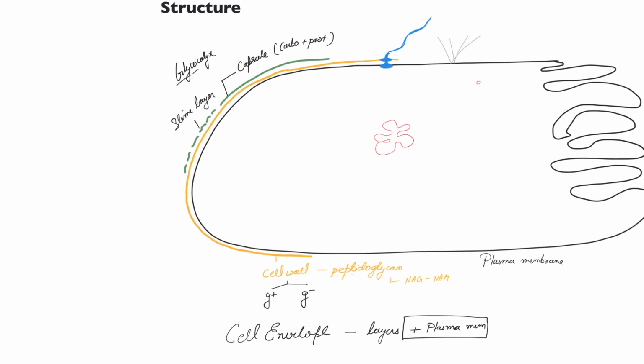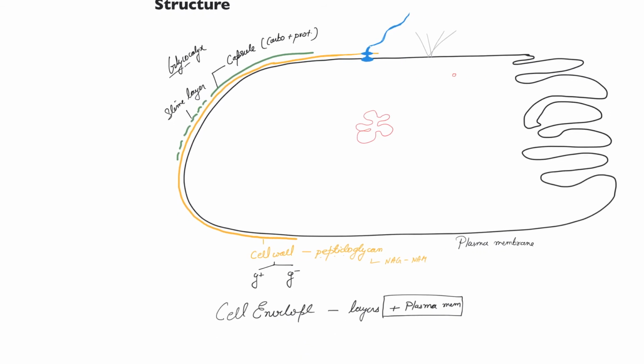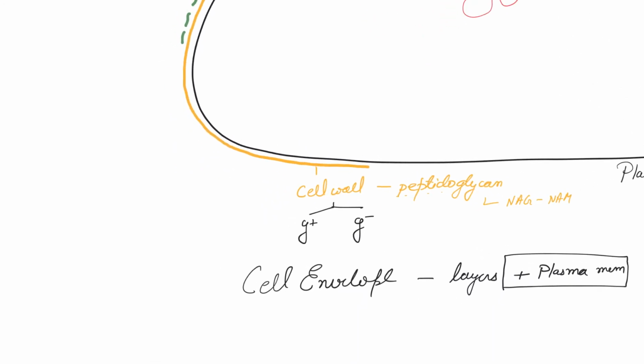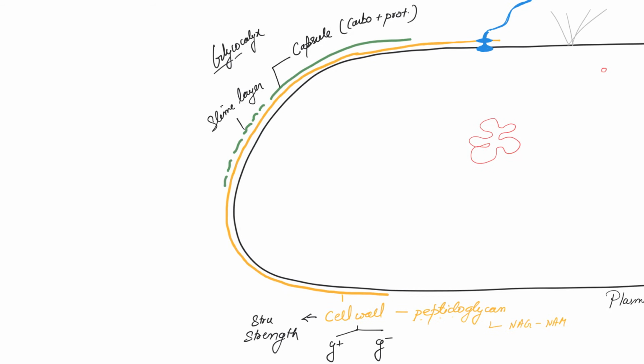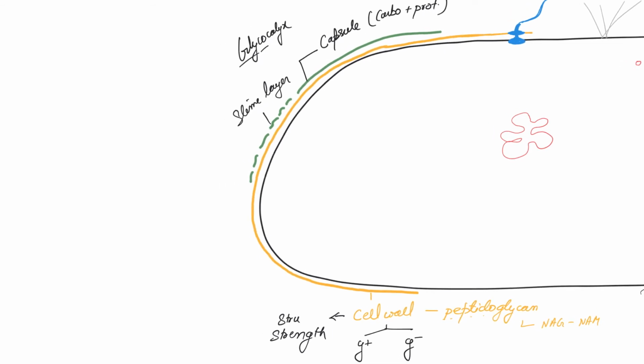Now, why do they have this many layers? As you can understand, they have to do a lot of osmoregulation, right? So cell walls provide a lot of structural strength for osmotic variations that might come here, whereas these slime layers or capsules help them avoid being eaten, right?